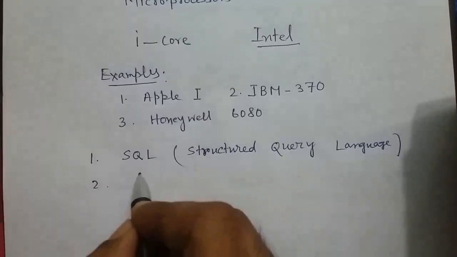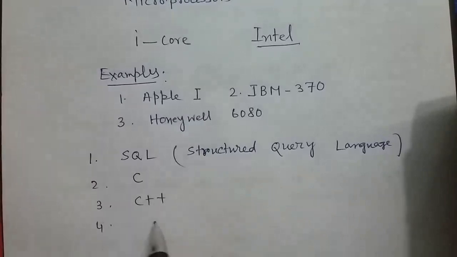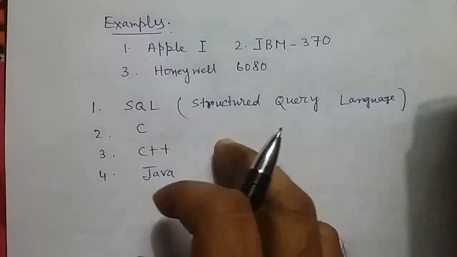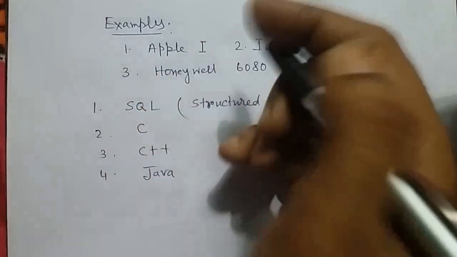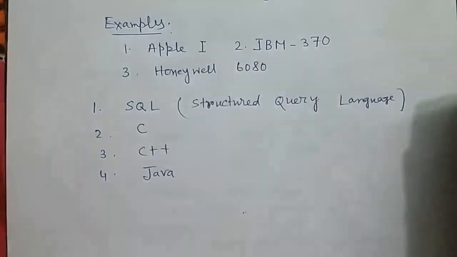And next is C. Number 3 is C++. Number 4 is Java. So these were the languages developed in fourth generation computers.